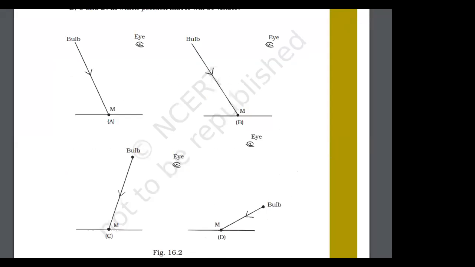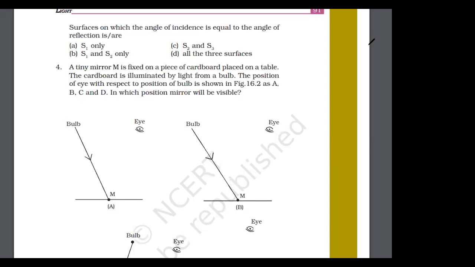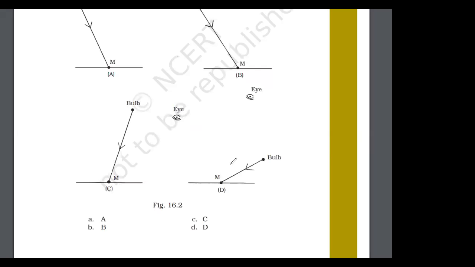Now, next question, the fourth. A tiny mirror M is fixed on a plain piece of cardboard placed on the table. The cardboard is illuminated by light from the bulb. The position of the eye with respect to the position of the bulb is shown here. We have positions A, B, C, D. Now tell me, what should be the position of the eye?